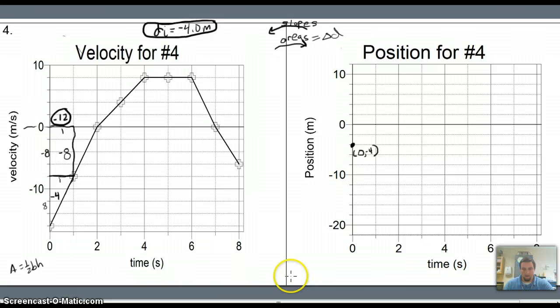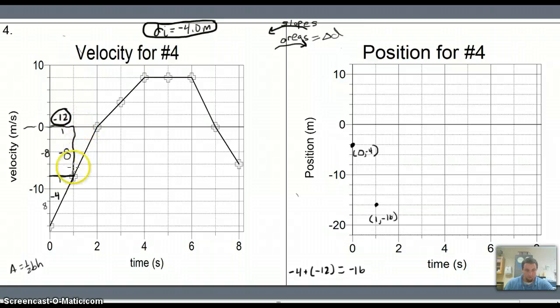If you want to see the math here, we're at -4, I'm going to add my displacement of -12. This will give me a final position of -16. So at 1 second, I'm at -16. So 2, 4, 6, -16 is here. See how that works? And we just go through and do this for every second in time.